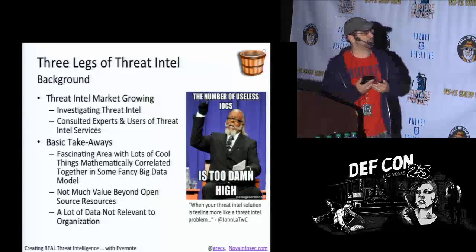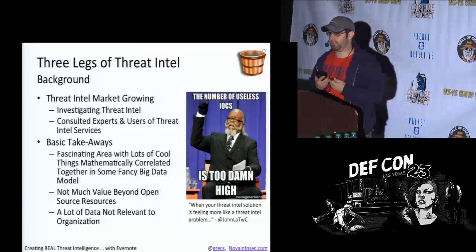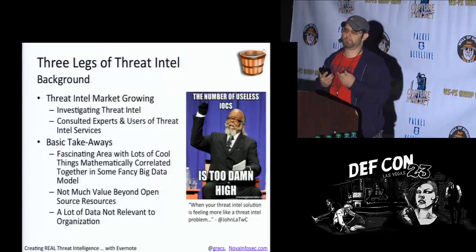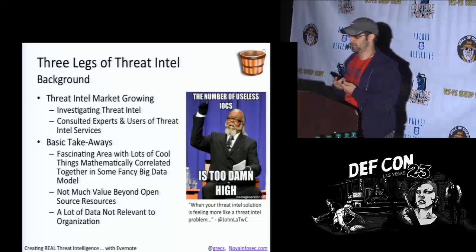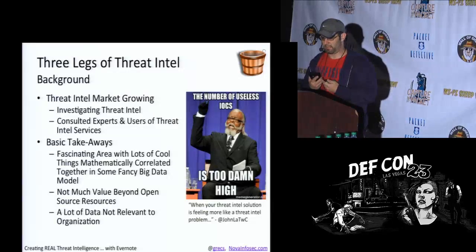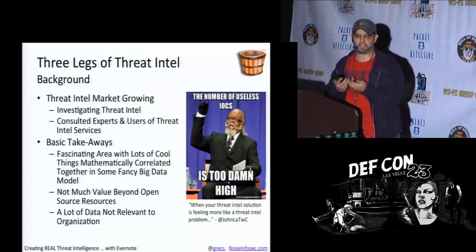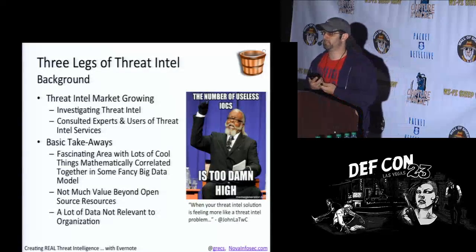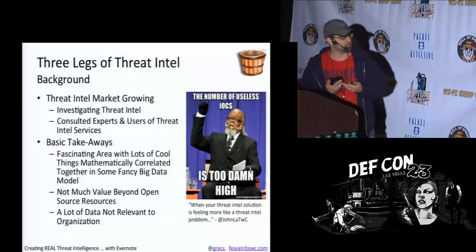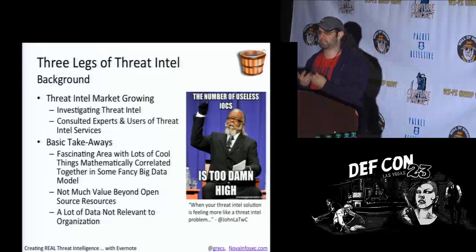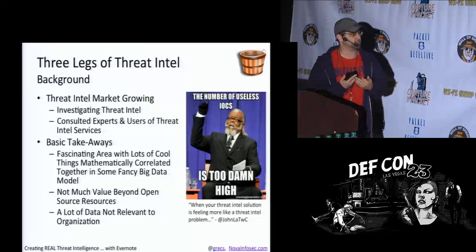But what I basically find, in terms of surveying people that have used a lot of these systems, is that it isn't really that useful. A lot of times, just feeding the data directly into your defensive systems produces a lot of false positives. So you really have to be selective of the type of data that you're going to use.